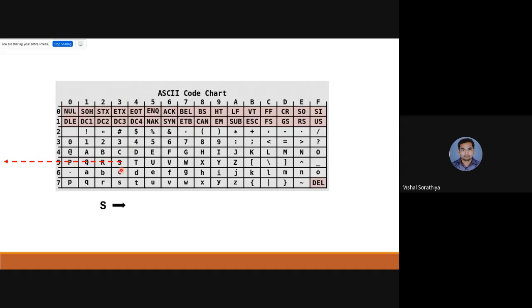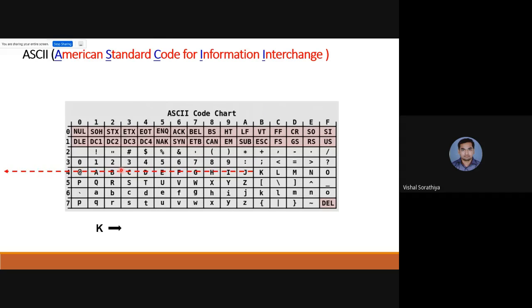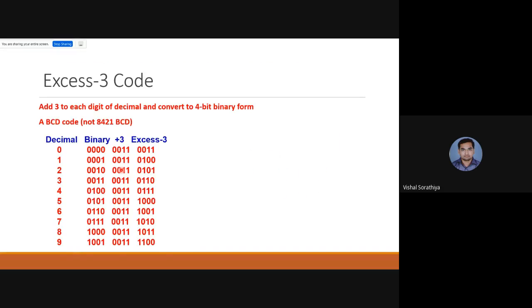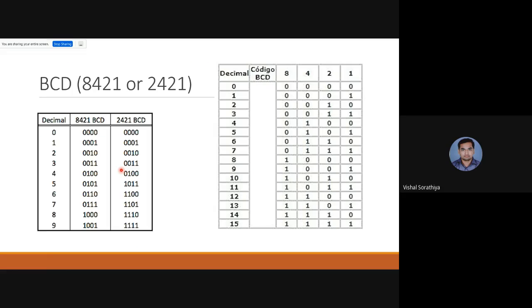Now, going back a little bit as per the question from Neha: what are 8421 and 2421? In 8421 you need to go weightage-wise. If you want to represent the number 0, you put all the weightage at 0000, then you get the decimal 0 equivalent.